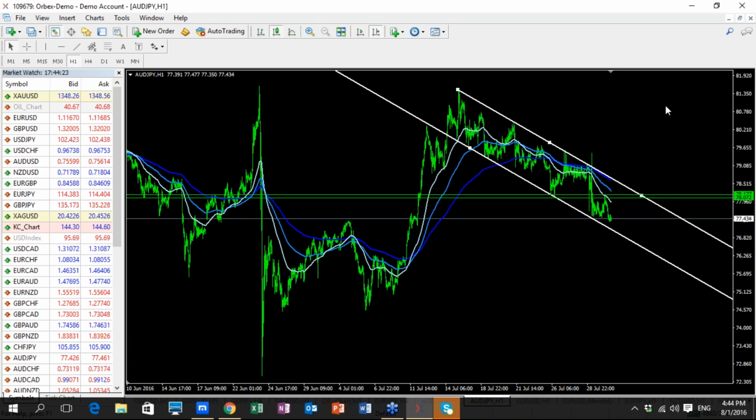So the AUD/JPY. Okay, but of course we have got strength of JPY to the upside, so we need to also look into the fundamental aspects of things. We need to look at AUD to the downside at the moment. It looks like JPY is stronger, so that pattern might not be seen as a flagpole pattern.